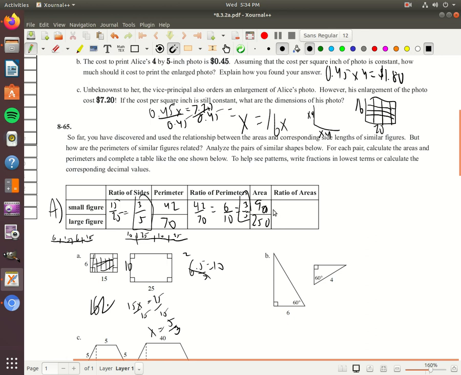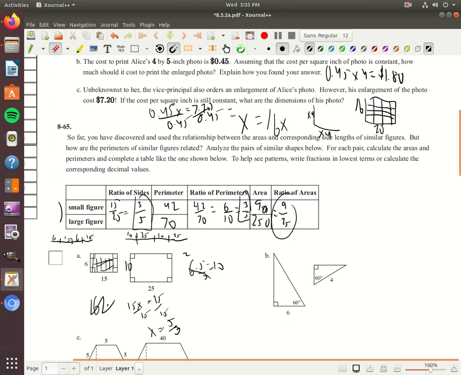So obviously I can just lop off the 10s there, and I get 9 over 25. And again, not surprising. 3 squared is 9, 5 squared is 25. So the ratio of areas is squared, and the perimeter ratios don't. They're the same. Again, hopefully that's something we're all comfortable with, that we discussed last section in 831.